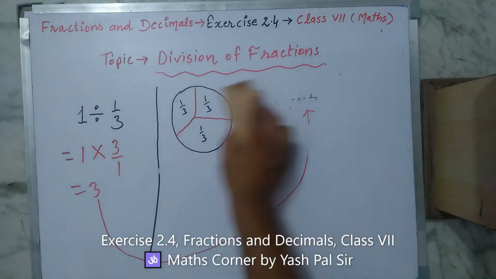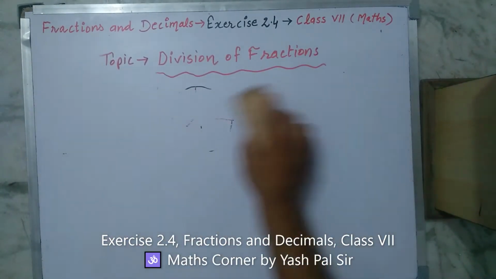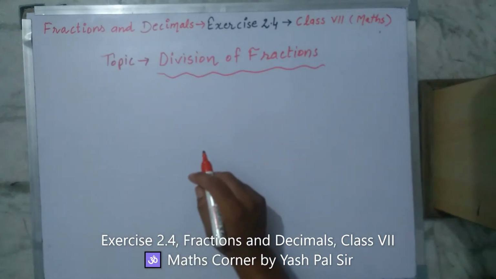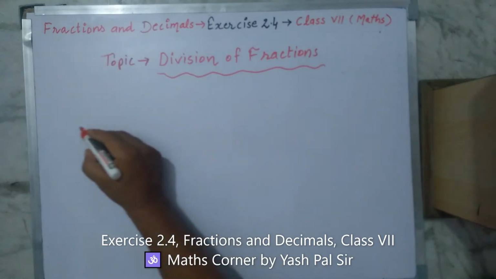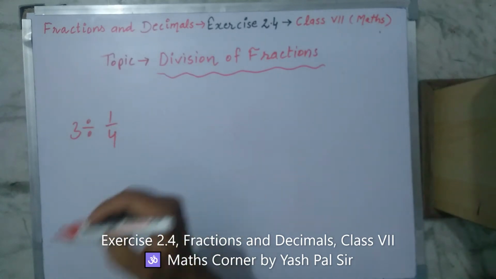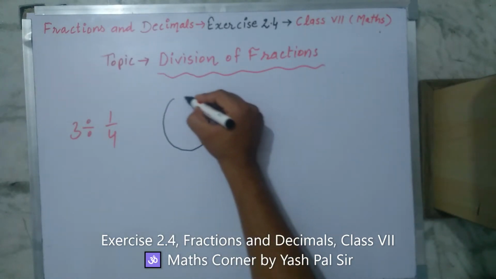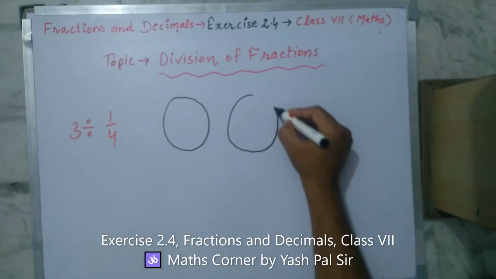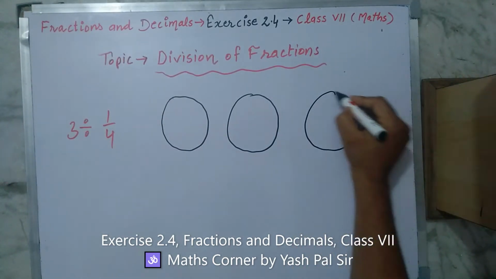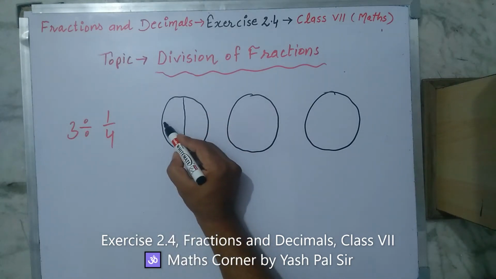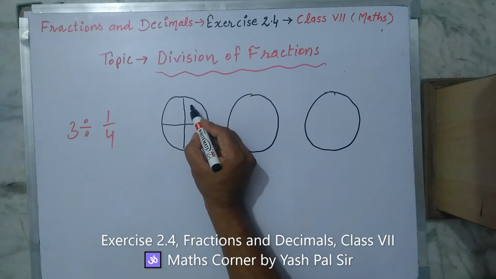Now one more example we shall try to understand. Suppose the question is to divide 3 by 1 by 4. What is the meaning of this? Now we have 3 whole numbers. 1 by 4 means each whole is divided into 4 equal parts.